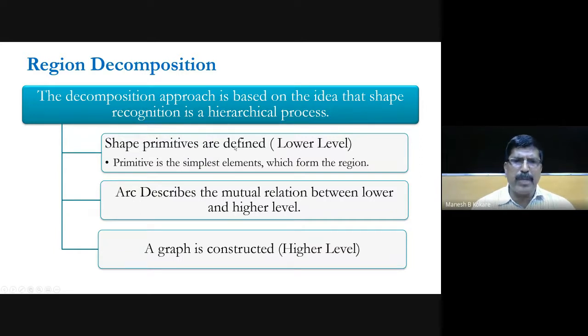The shape primitives are defined at the lower level, whereas at the higher level, from those primitives the graph will be constructed, right?